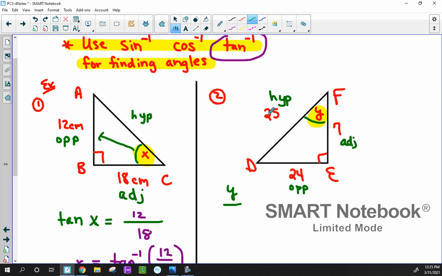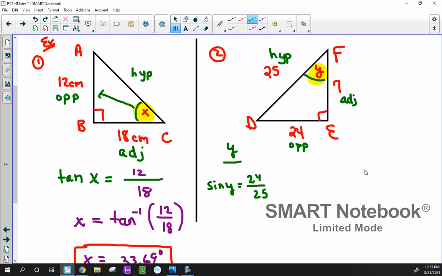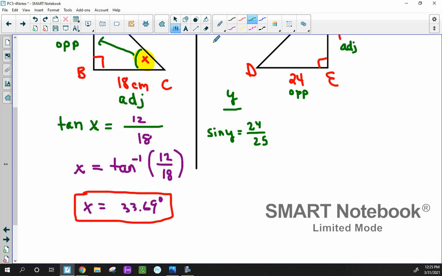The way I'm going to set it up is sine of angle Y is equal to the ratio of 24 opposite over hypotenuse, which is 25. Sine of Y equals 24/25. Again, show the next step in all your practice problems.